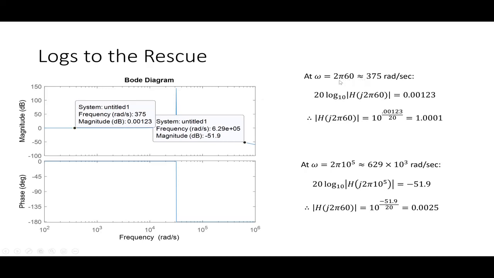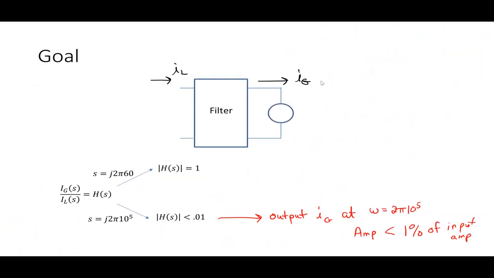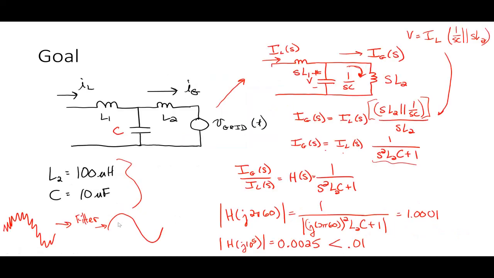As an example, in this case we said our two signals, one of them was at 2 pi 60 and one of them was at 2 pi 10 to the fifth. We said that at 2 pi 60 the magnitude was 1.001, and at 2 pi 10 to the fifth, the magnitude was 0.0025.